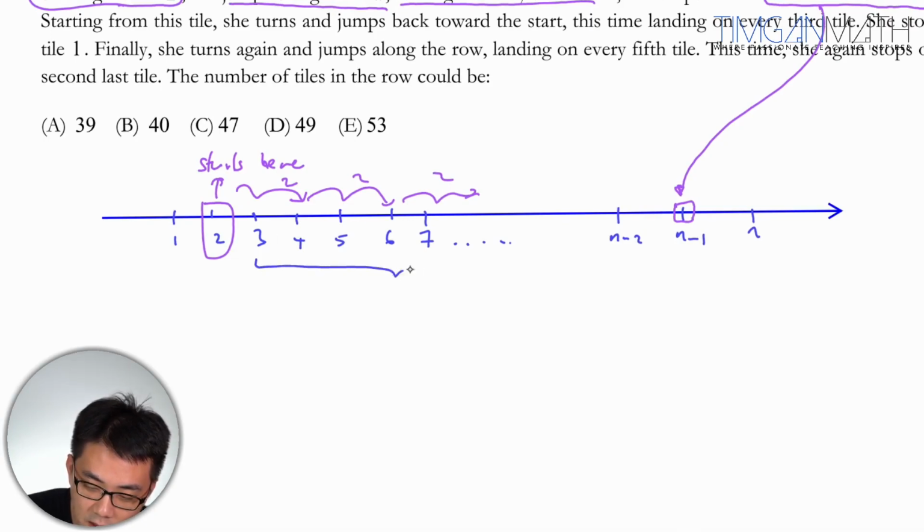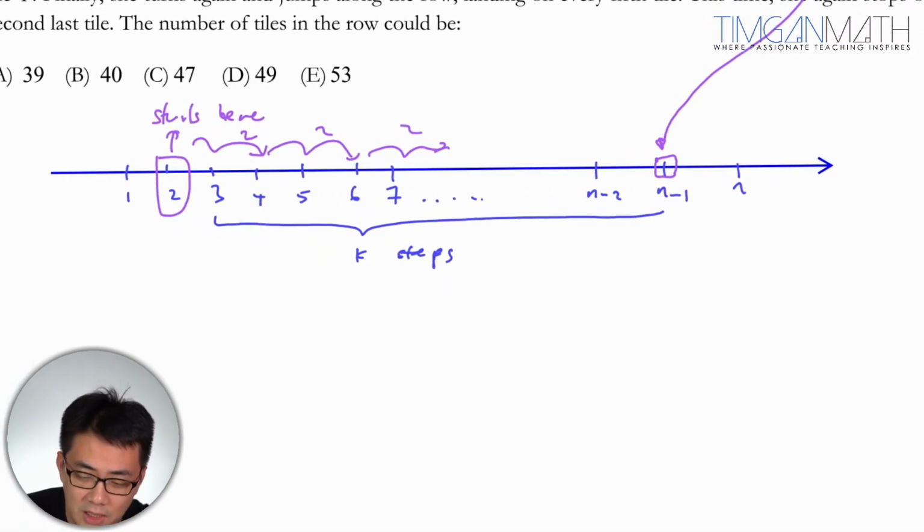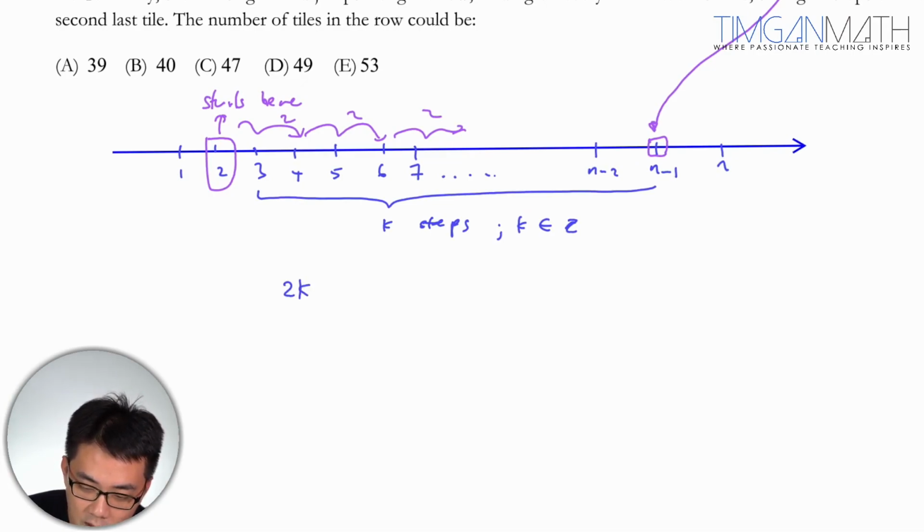This k has to be an integer value, or rather a counting number, because that's the number of jumps. So in other words, I could write this down as 2k plus 2, right? You have 2 units here. So this will give us 2k slots plus 1. This last slot here will give me n.